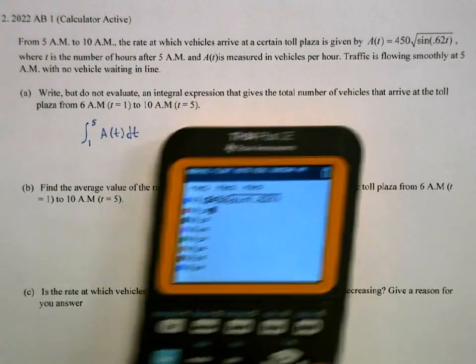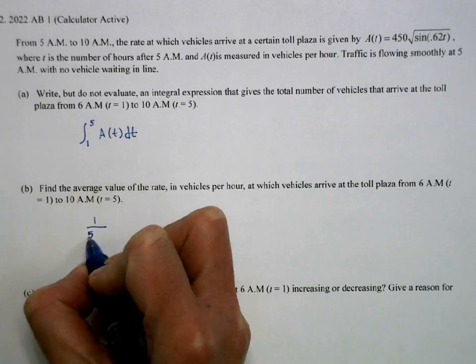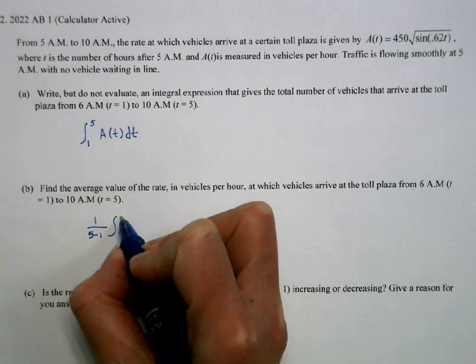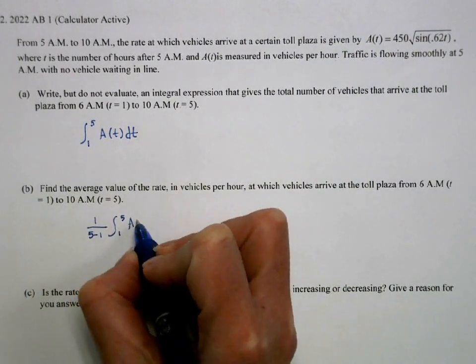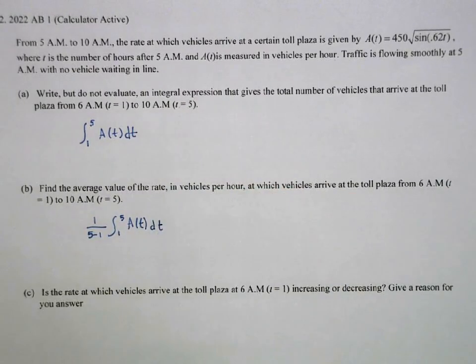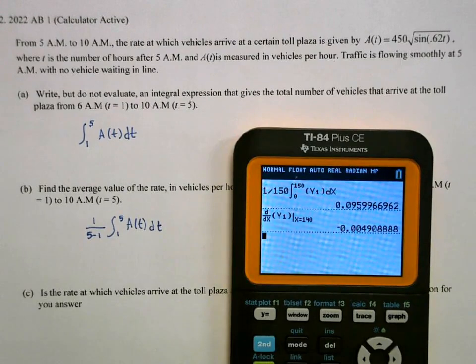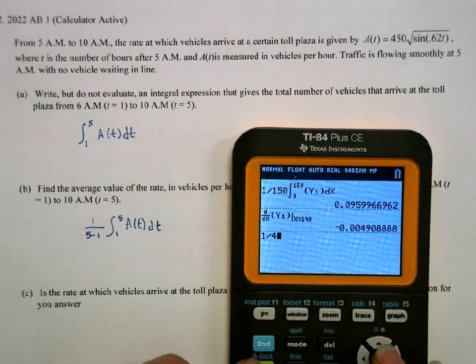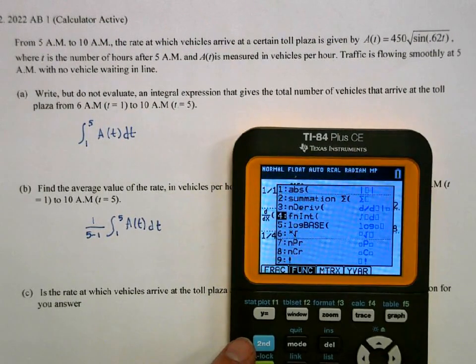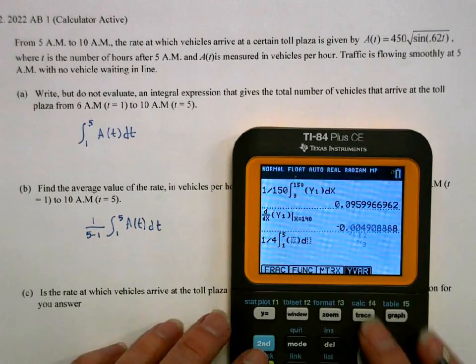So this is the same as the last question. It's going to be 1 over 5 minus 1 times the integral from 1 to 5 of our rate. So we'll let the calculator do the work for us again. So we've got 1 over 4. I can go ahead and do that mental math. Times the integral from 1 to 5 of that function I stored in y1.